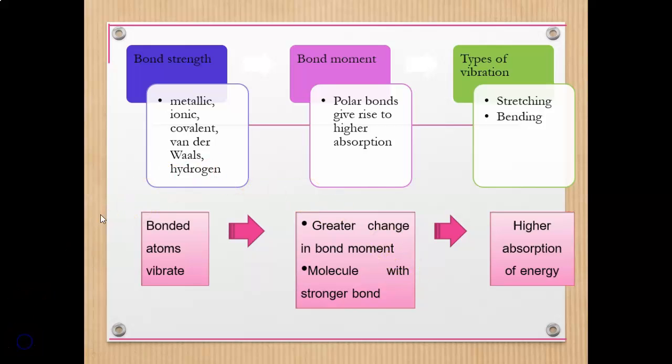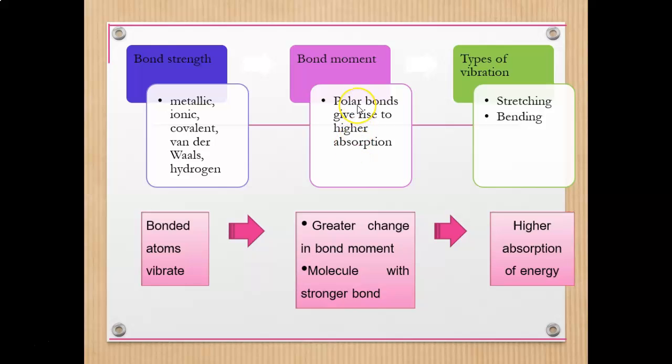Okay, absorption of the infrared region depends on the molecule and atoms inside the compound. So it depends on the structure of the compound. First, it is related to the bond strength. For bond strength, we have metallic, ionic, covalent bond, van der Waals, and hydrogen bond. For bond moment, a polar bond gives rise to higher absorption.